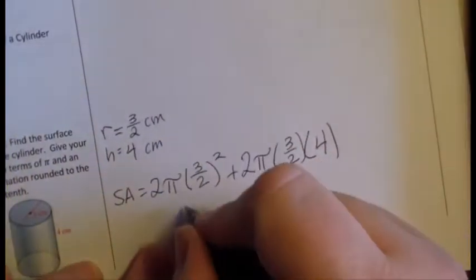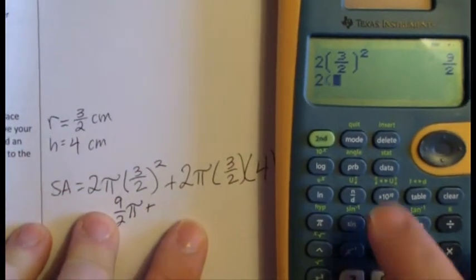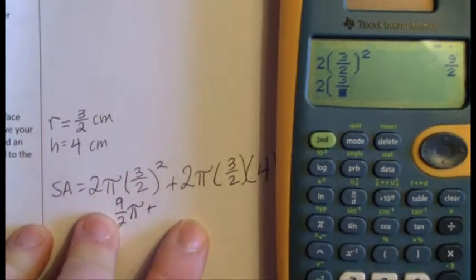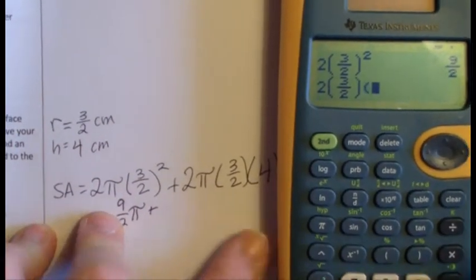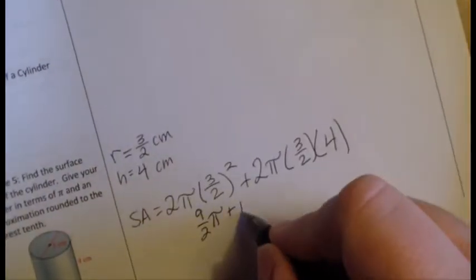So that would be 9 over 2 pi. And then 2 times 3 over 2, delete 2, times 4. And that's 12, so 12 pi.